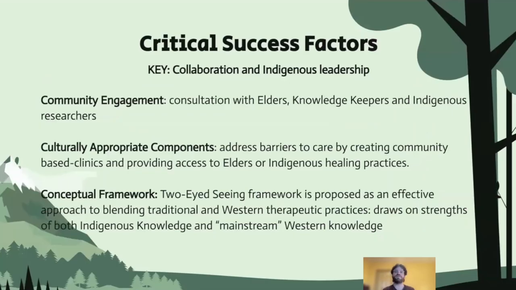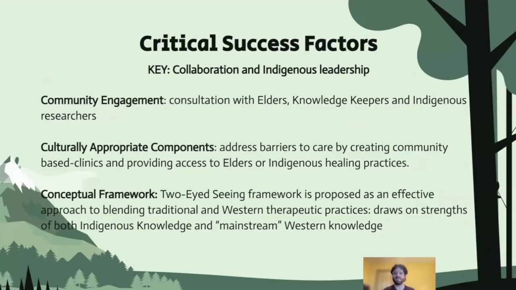So we also discovered in our research what some of the critical factors were for success in integrating Indigenous traditional practices in the Western healthcare system. So the key overall was collaboration and Indigenous leadership. So for instance, it was important to have consultation with elders, knowledge keepers, and Indigenous researchers. It's also important to include culturally appropriate components.